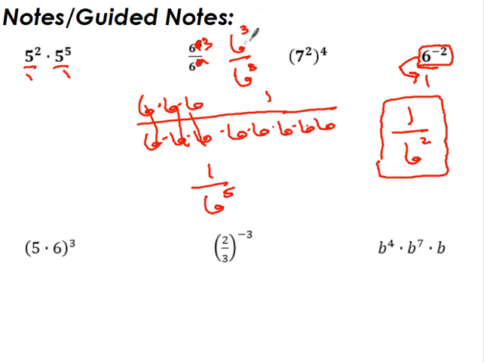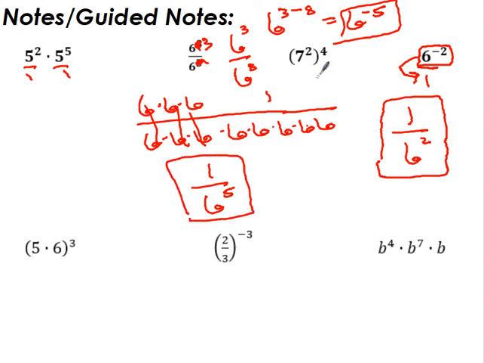Now let's take this step to show how we did it with our properties. 6 to the 3rd over 6 to the 8 is just 6 to the 3rd minus 8. Remember, we just subtract the top and the bottom. Well, 3 minus 8 is negative 5. So when I use my quotient of powers, I got negative 5 for this problem. Well, when I expand it out, I get 1 over 6 to the 5th.